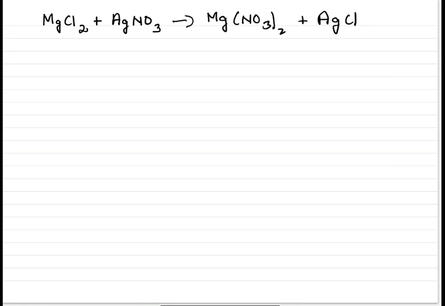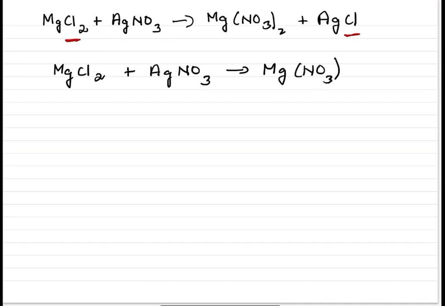So if we look carefully, we'll see there is 1 chlorine here and 2 chlorine here. So we can balance the chlorine first. So let's write down MgCl2 plus AgNO3 will give you Mg(NO3)2, here we can balance 2AgCl.